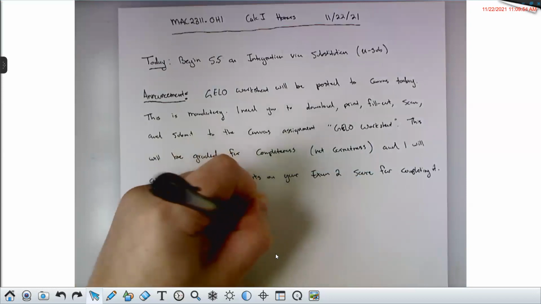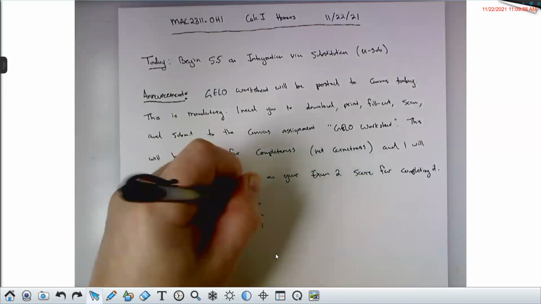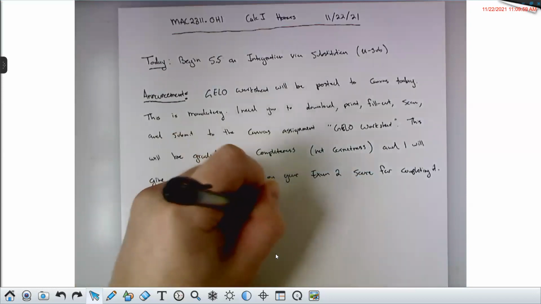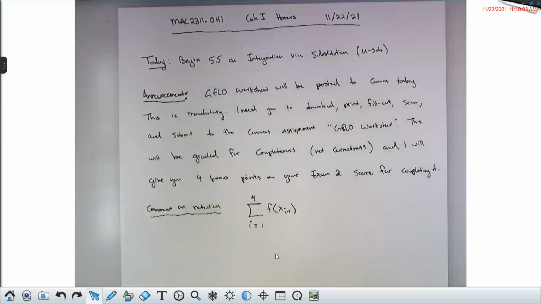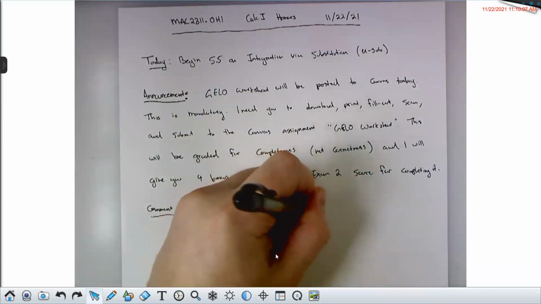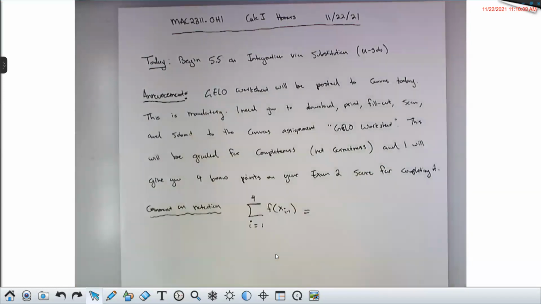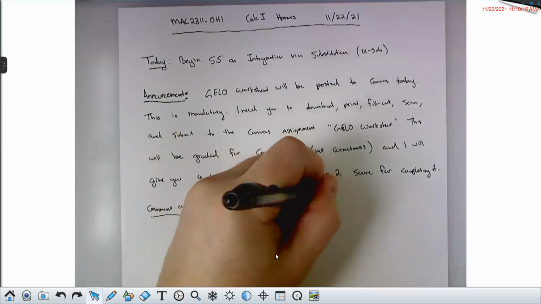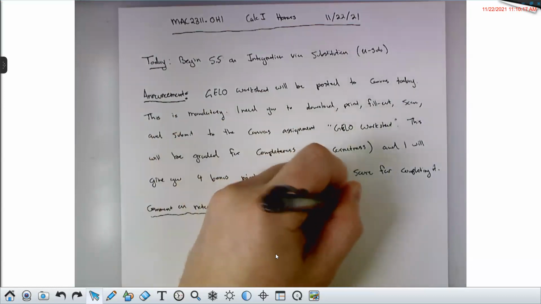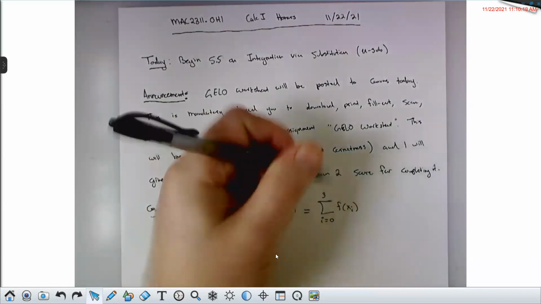So the sum that appears in there, the sum i equals 1 to 4 of f of x sub i minus 1. This is a different notation for the left-hand Riemann sum than what we normally use. This is the same as the sum from 0 to 3 of f of x sub i.